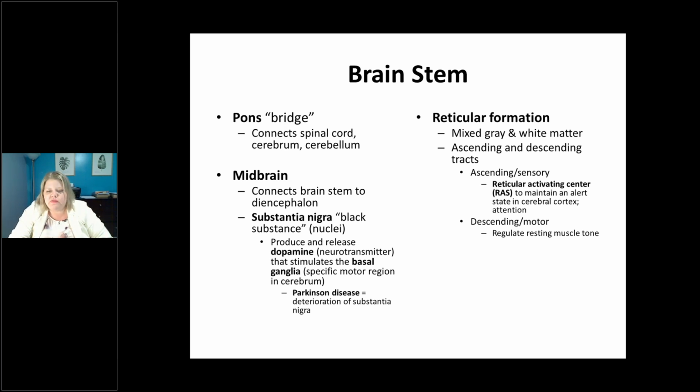And this is referred to as the reticular activating system, or the RAS. The motor portion of the reticular formation is involved in regulating resting muscle tension or muscle tone, which is also really important, right? You don't want to all of a sudden get floppy. We wouldn't be able to sit or maintain a posture.